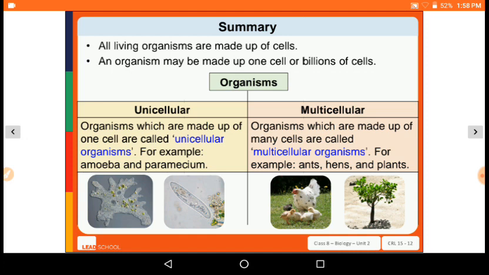For example, amoeba and paramecium are unicellular organisms. Organisms which are made up of many cells are called multicellular organisms. For example, ants and plants.